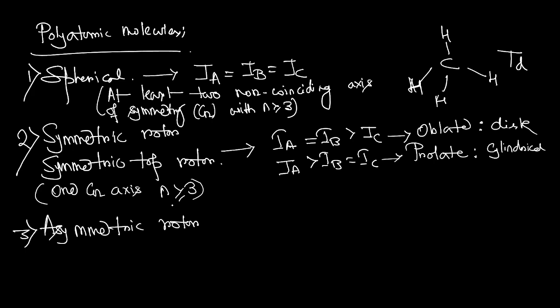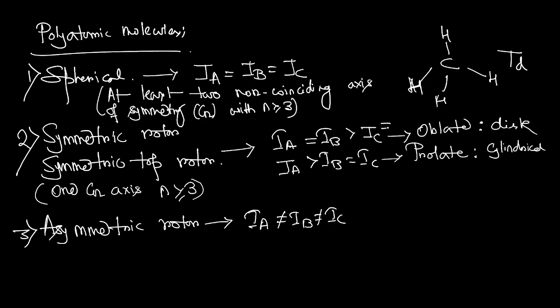Now, the asymmetric rotor: all three moments of inertia are not equal to each other, and you can think that this value is also not equal to 0, and this value also not equal to 0, and this is also not equal to 0. Otherwise, the symmetric top molecule will be a linear molecule.